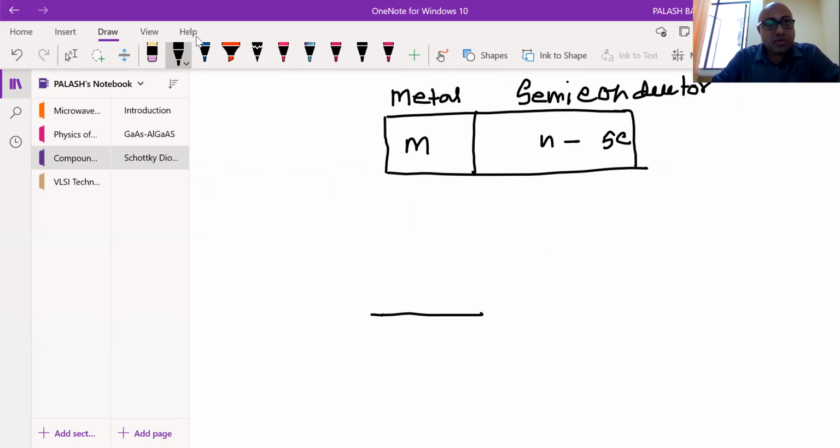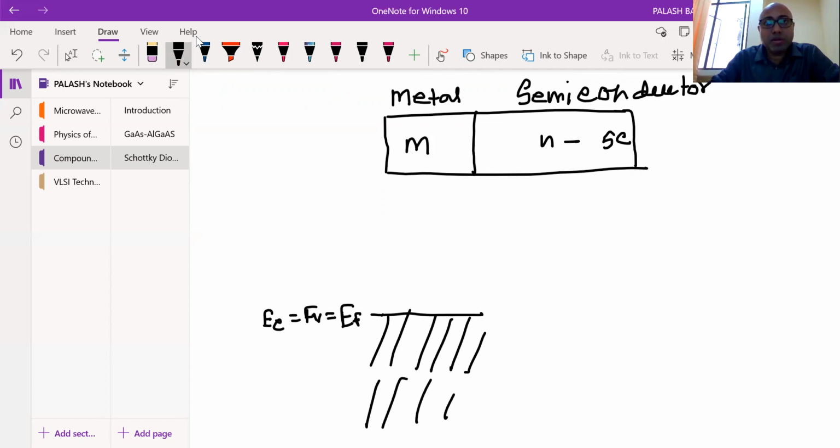You have a metal, and you see that you have EC, EV, and EF. All are in the same line, correct? So all are the same, so that's what I draw.